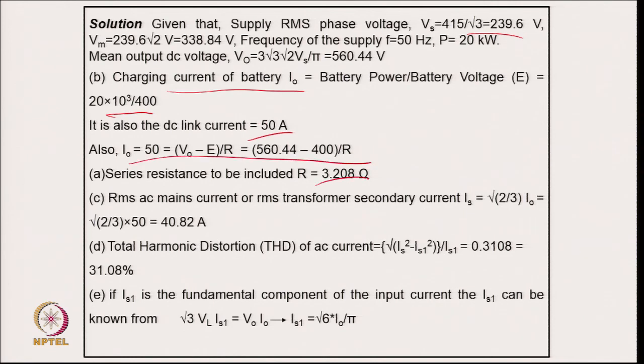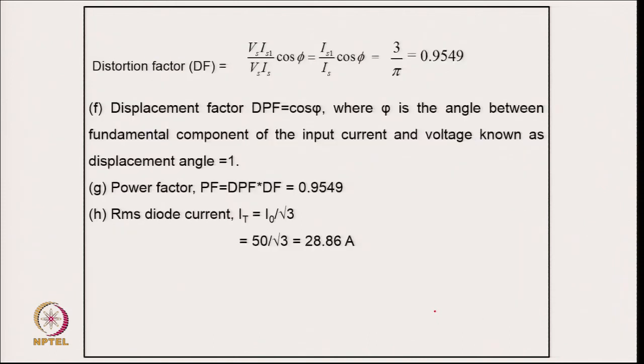Then we can calculate the resistance to limit that current, and from the RMS current, total harmonic distortion and fundamental current, we get the distortion factor. Here the displacement factor is unity, so the power factor is typically 0.5, and this is the diode current.